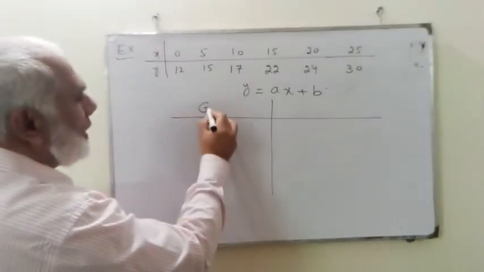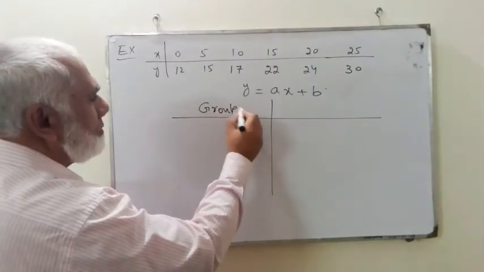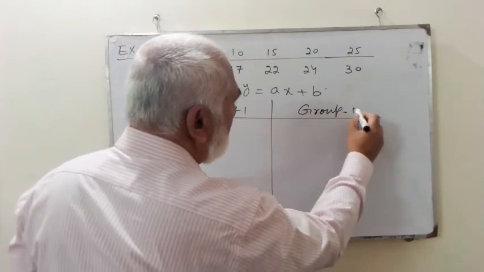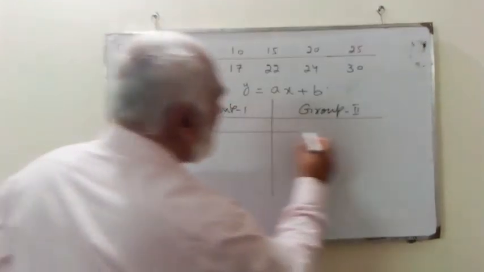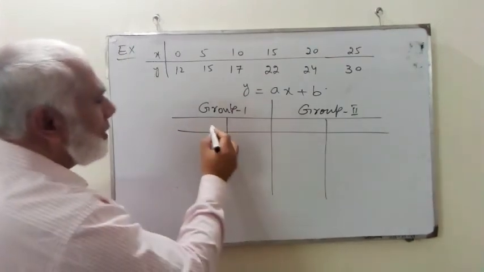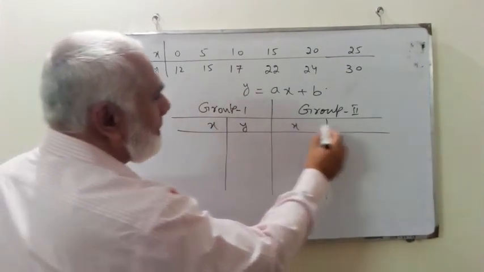So here we construct the table of two groups, and we call this group number 1, and this is group number 2. In these two groups we further divide into x and y coordinates.